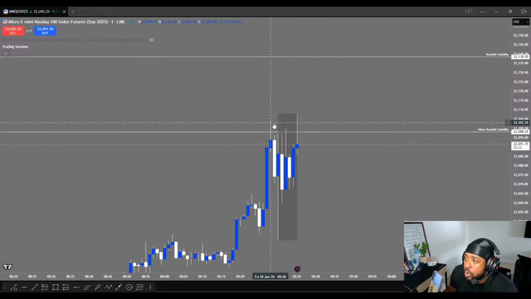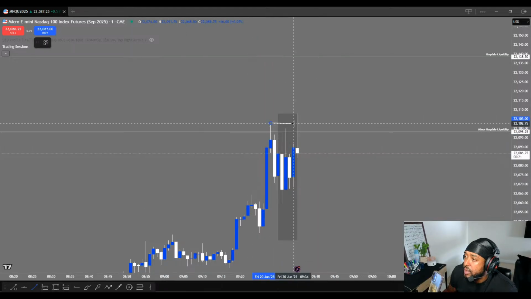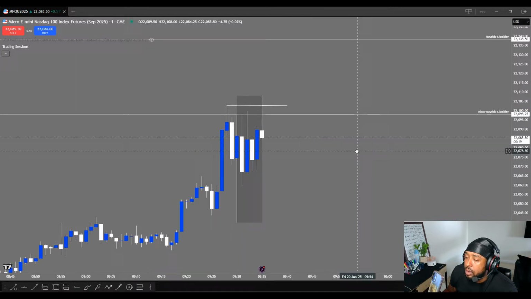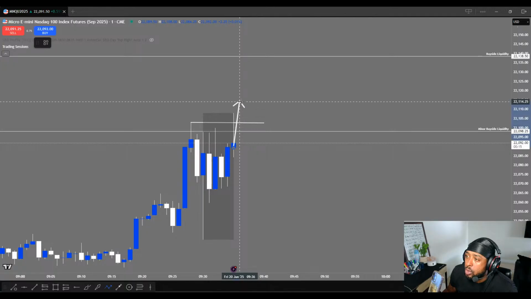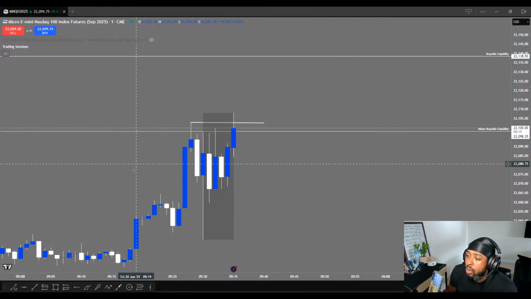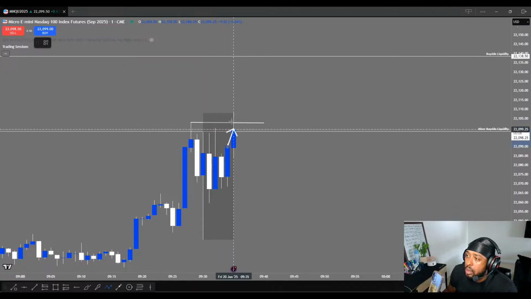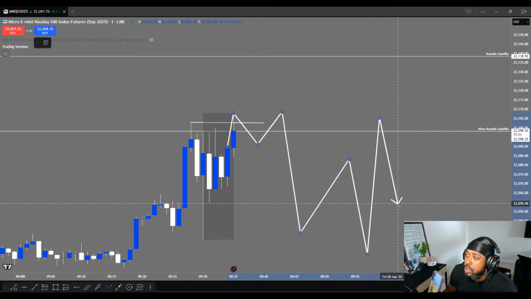So it engaged liquidity because it just took this high. So let's see if we get displacement to the upside. Right? Like, do we do this and go higher, or do we do something like this and then come back lower, or do we just consolidate?